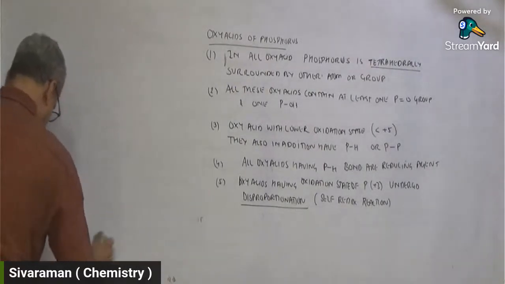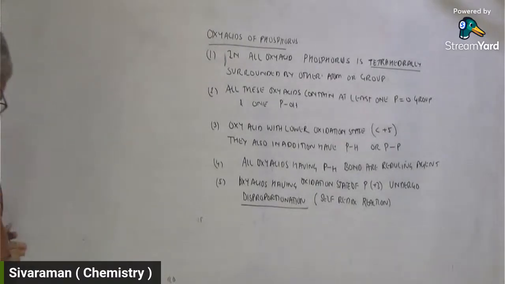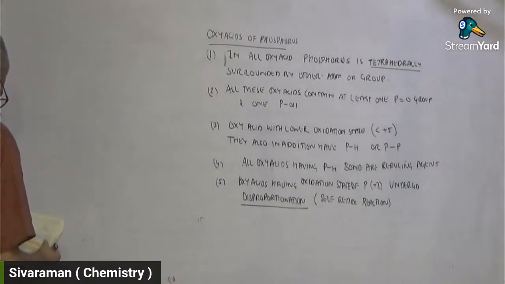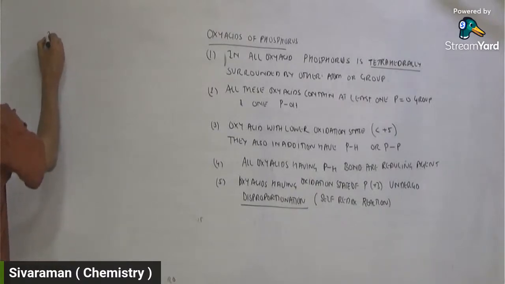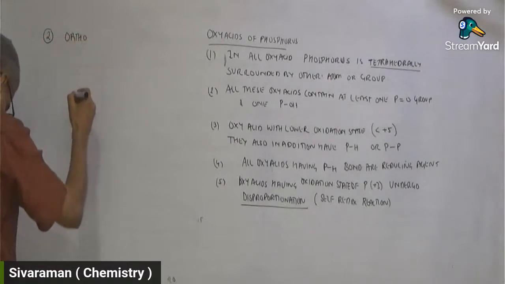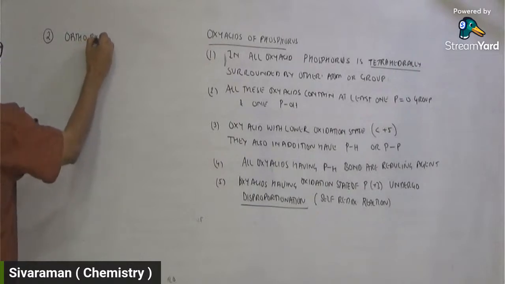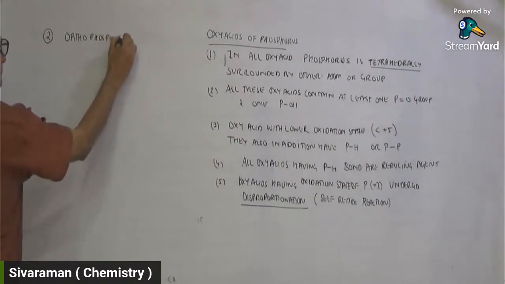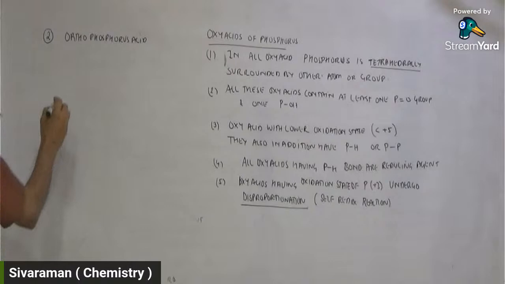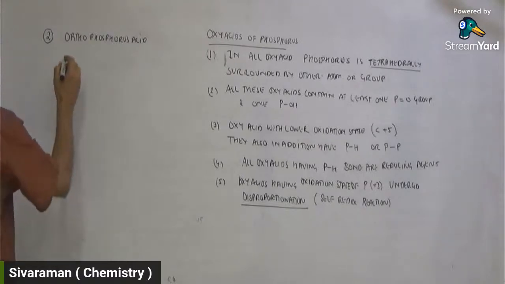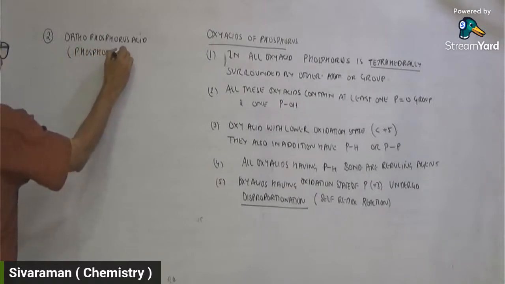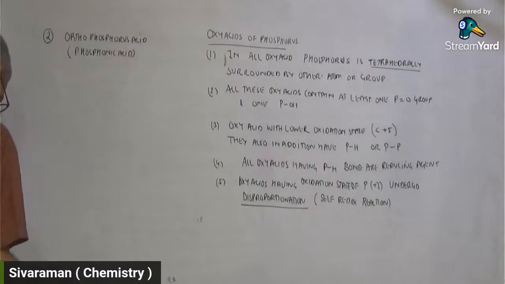The next oxyacid that we are talking about is orthophosphorous acid. Orthophosphorous acid is also called phosphonic acid.